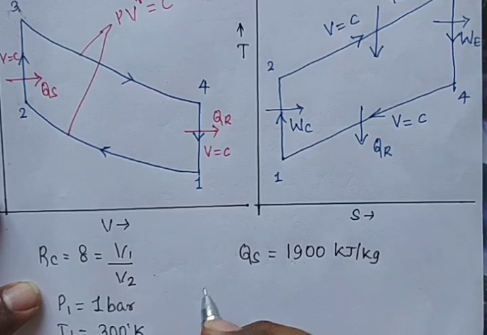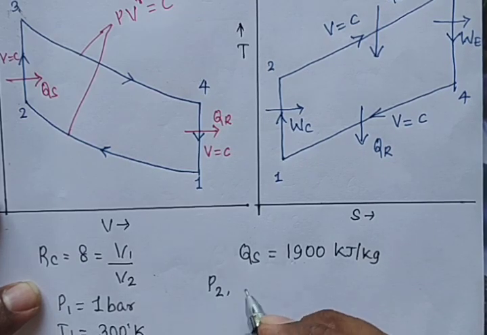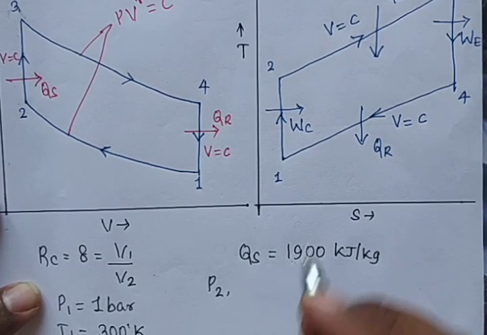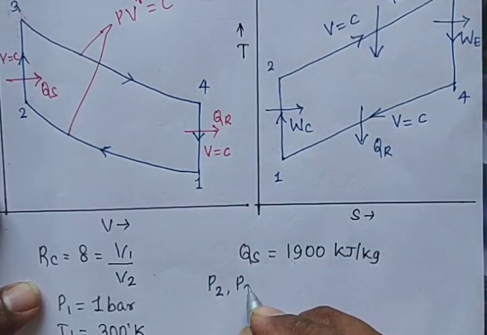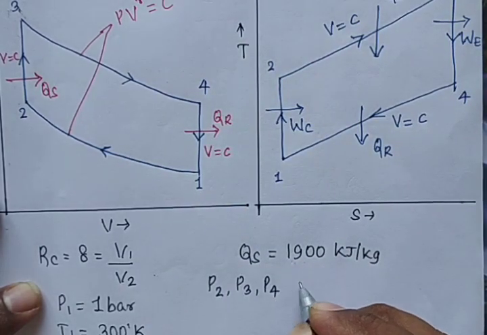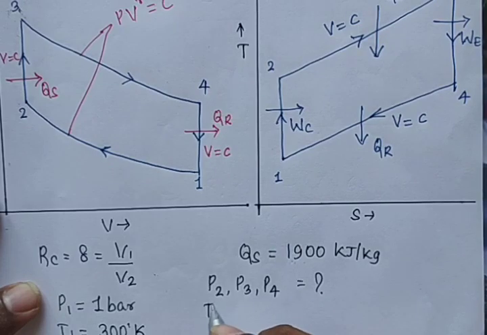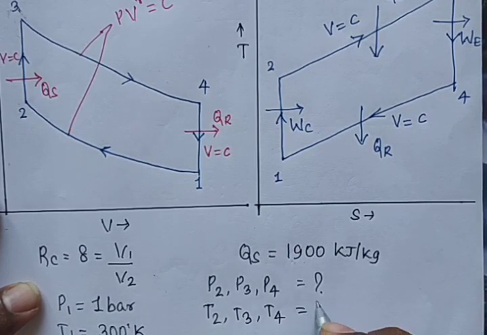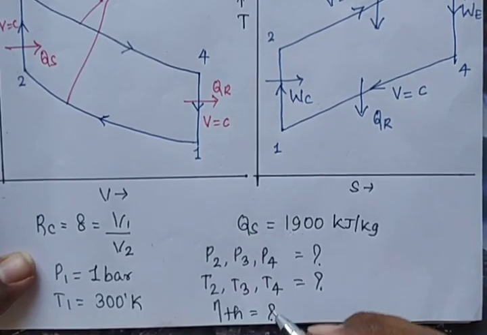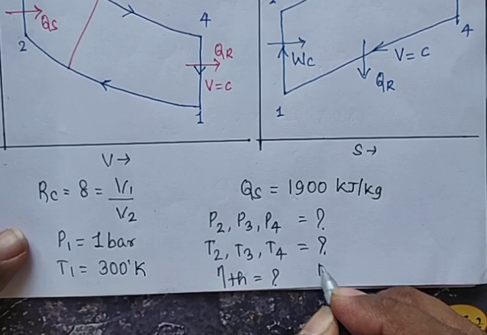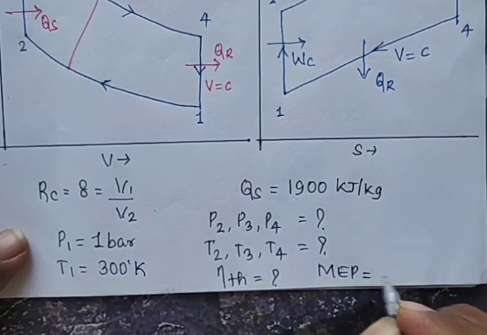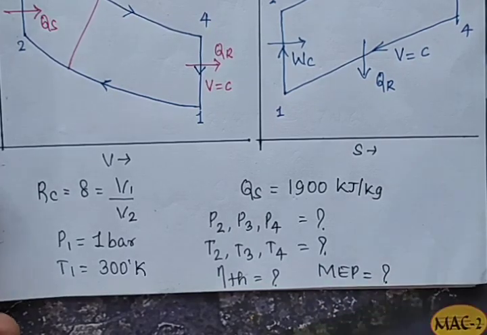We need to find out pressure and temperature at the end of each process, that is P2, P3, P4, all these three, along with T2, T3, T4, and efficiency, that is thermal efficiency, and mean effective pressure MEP. These are the things we need to find out in the problem.